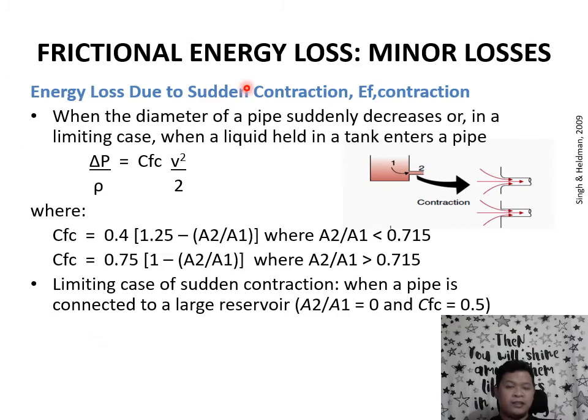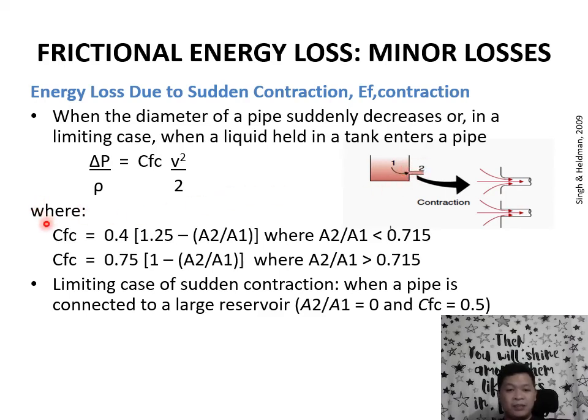So sa minor losses, nandyan yung due to sudden contraction, which is the case with, for example, this one where from a tank to a pipe ay biglang lumiit. No? So meron kang energy loss dyan kasi nakikita nga natin bigla siyang nagkakaroon ng transition flow and may kung ano-anong kababalaghan nangyayari dyan. No?